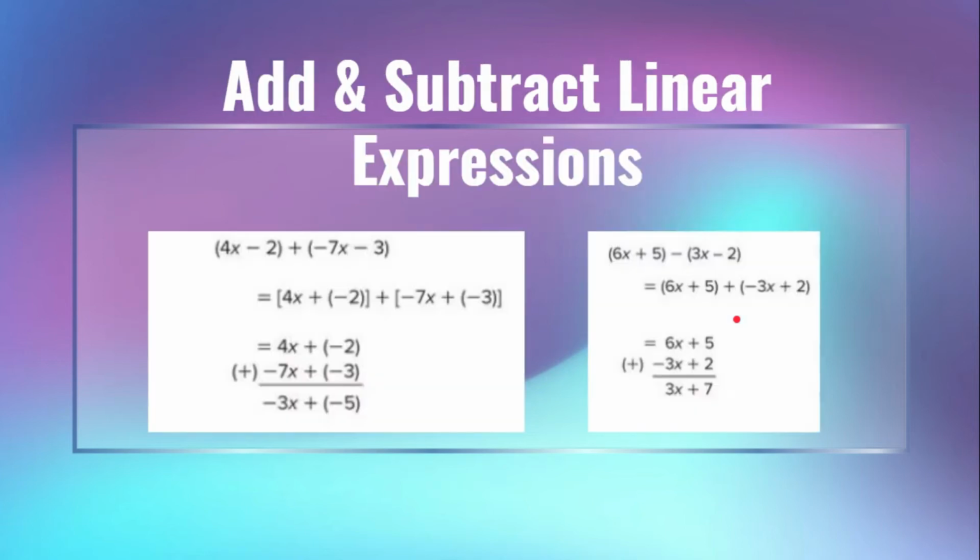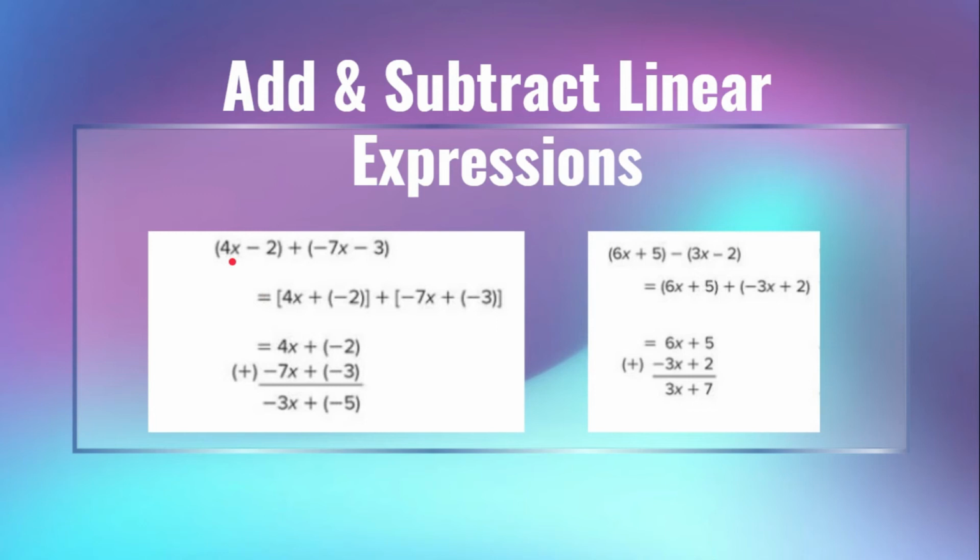Okay, and now let's take a look at what it is to add and subtract linear expressions. Our first one, 4x minus 2 plus negative 7x minus 3. So the first thing we will do is rewrite the subtraction as an addition. Subtracting a number is the same as adding the number's additive inverse.